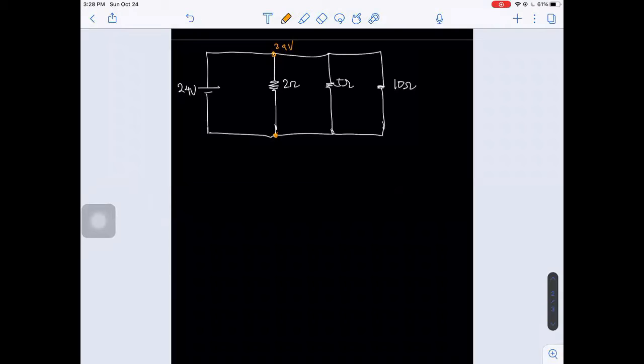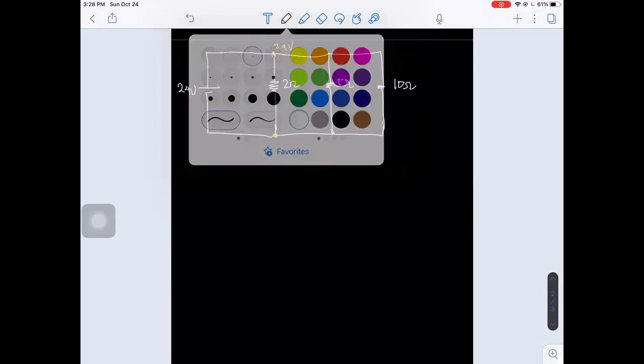So it is very important that we know these properties in parallel circuits in order for us to be guided in solving for the current across each resistor. So let us now solve for the current across each resistor. We can use the VIR formula.